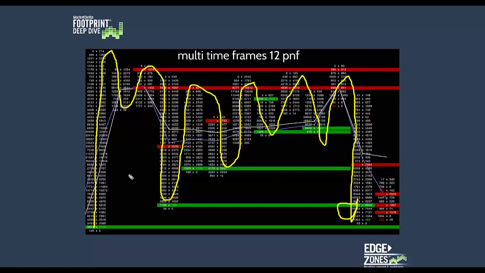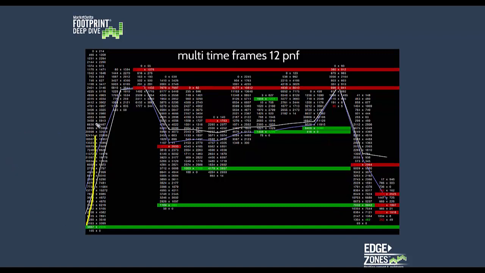PNF is up and down bars. So for example, if this one is an up bar, which it is, it's not going to create its next bar, which is down here, which is this bar, until it retraces 12 ticks below whatever the high ends up being. So it's constantly measuring what's the high, what's the high, what's the high, what's the high.